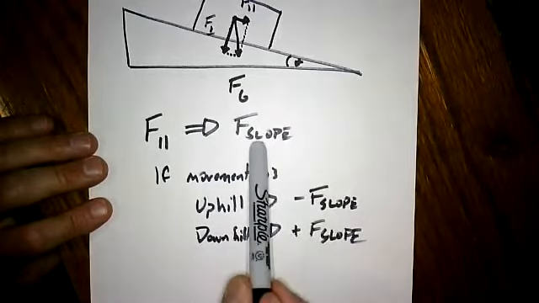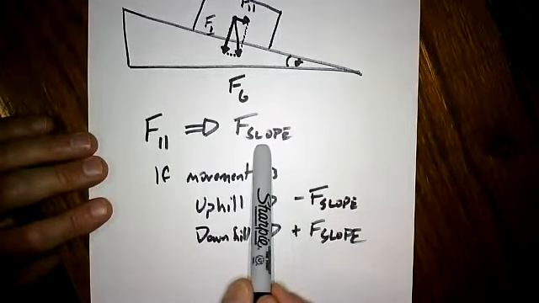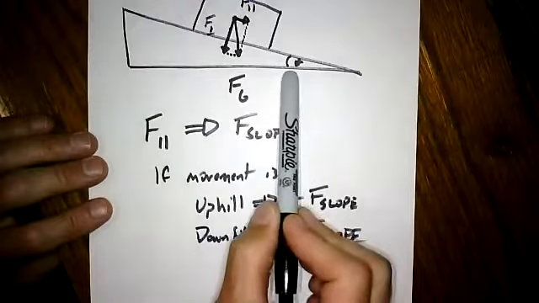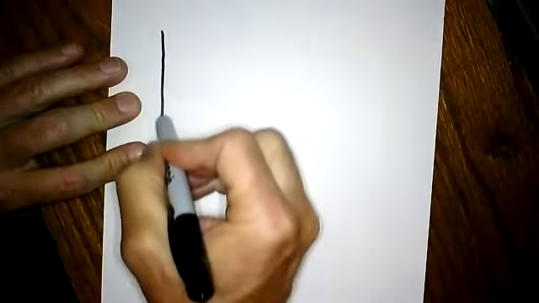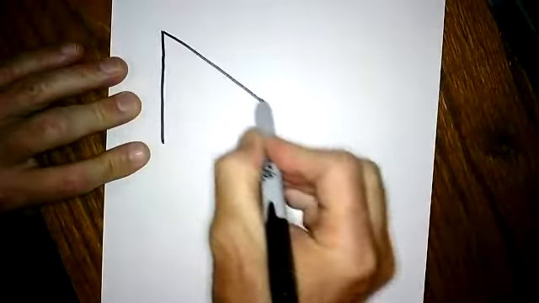All right, so now let's look at factors that influence this force magnitude. The first factor is how steep this hill is. So I'm going to draw another hill. Here's another piece of paper. I'm going to make it steeper than the first one.